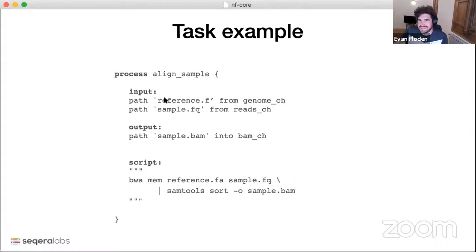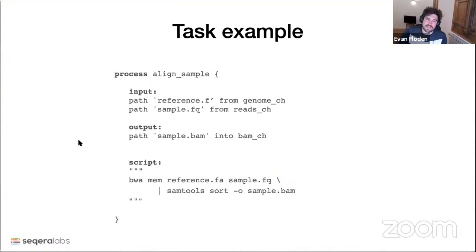Notice that the process contains the channels in here. It contains the from genome channel, the from reads channel. Because these are declared implicitly, they're really also defining the dependencies associated with that process.